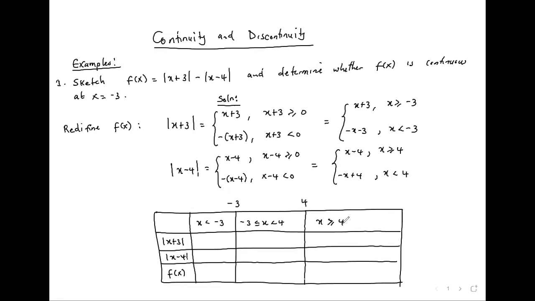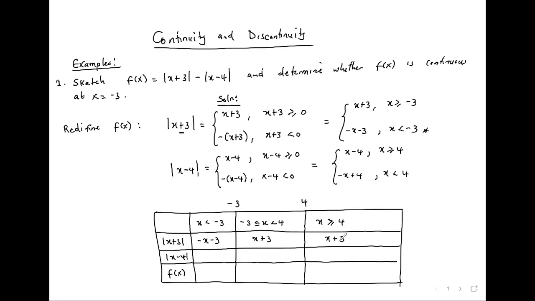So when x is less than negative 3, for x plus 3 we are getting negative x minus 3. This is the interval. And when x is bigger than negative 3, for this one, we are getting x plus 3, and it remains the same even in here.